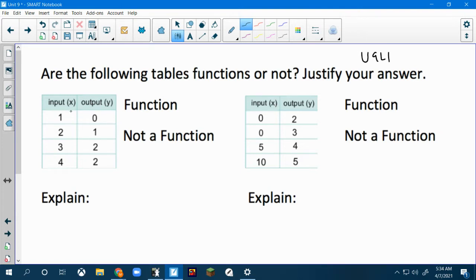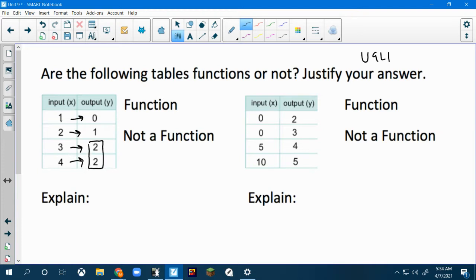Let's look here. Our input, 1, 2, 3, 4. Our output, 0, 1, 2, 2. Does every input have one output? It does. Yes, these are the same numbers.